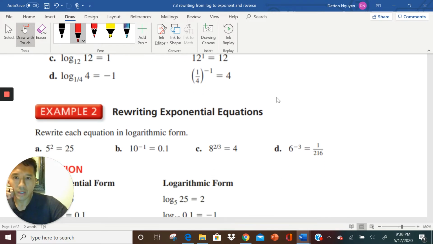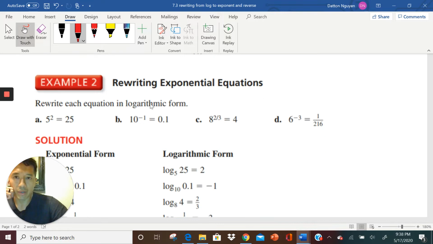All right, so now what if we are rewriting an exponent equation into logarithmic?